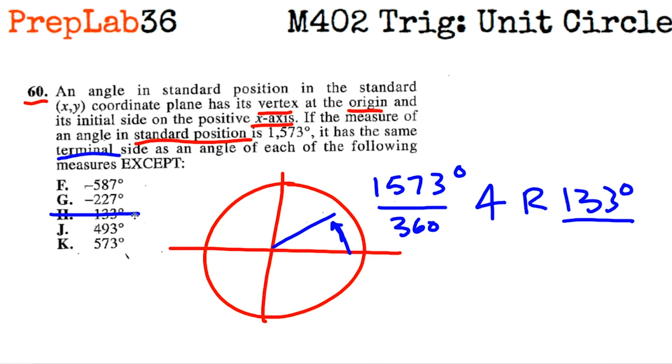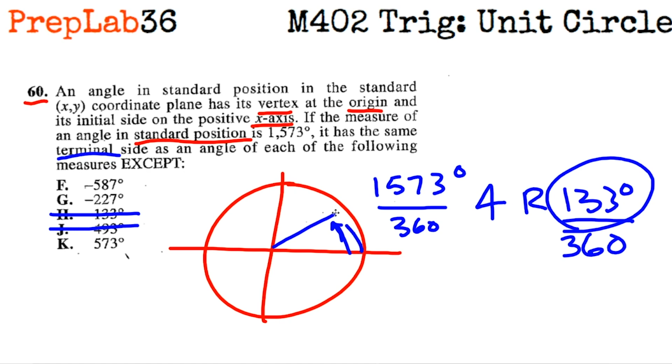The TI-84 has a remainder function on it. Go find it. You can do these ones quickly. So 133 degrees is eliminated because that is the terminal side. What about the rest of these angles? Well, 133 plus 360 is 493.